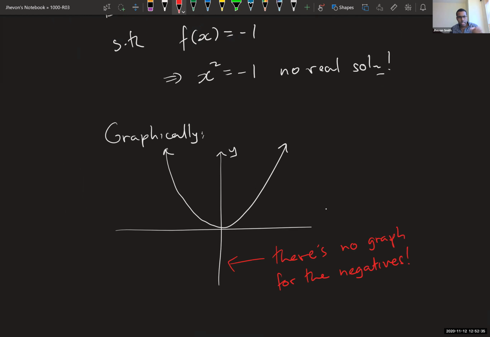So I can clearly see there's some y values where there's no graph for them, right? So it means that not all outputs are possible. So if I think of my codomain as all real numbers, clearly this picture misses all the negative ones. So there are a bunch of things in the codomain that I cannot get from my function as an output. So that's how onto works.